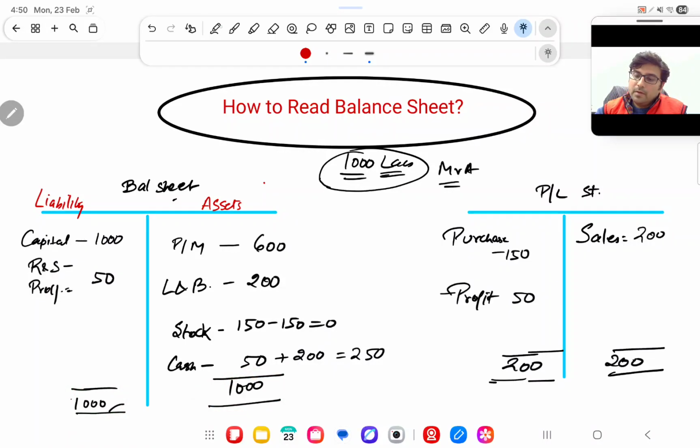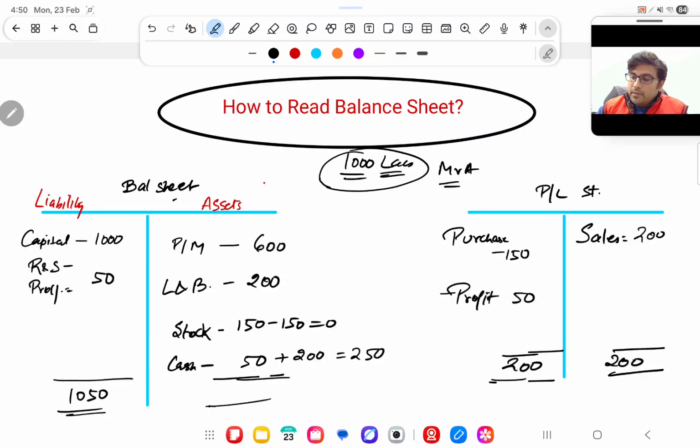Now what happened? We have made certain adjustments. Now this side has become what? It is now 1050. And let us total this side also. 600 plus 200 and 250. This is also 1050.